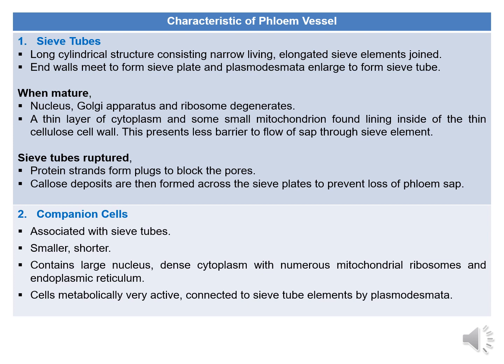When mature, the nucleus, Golgi apparatus, and ribosomes degenerate in the phloem cell, leaving a thin layer of cytoplasm and some small mitochondria lining the inside of the thin cellulose cell wall. This presents less barrier to the flow of cell sap through the sieve element.